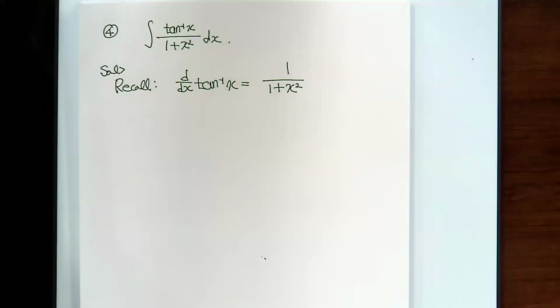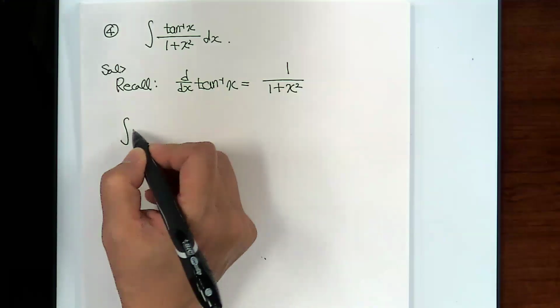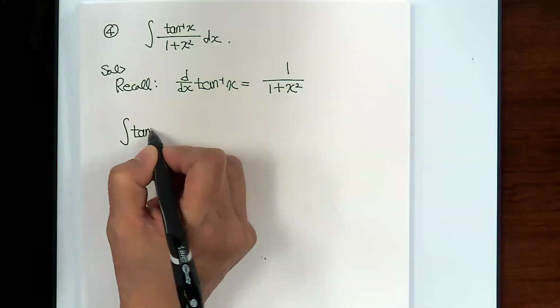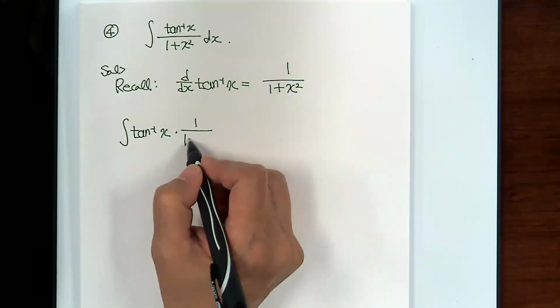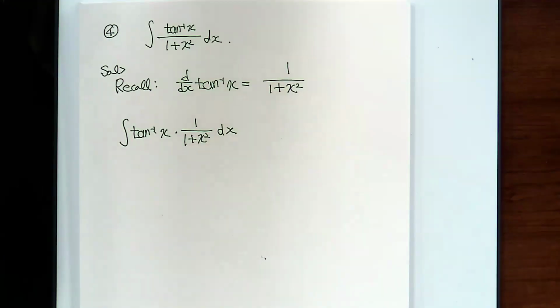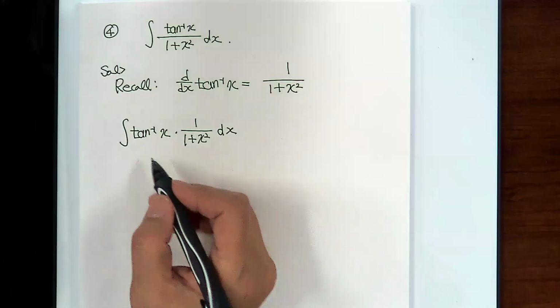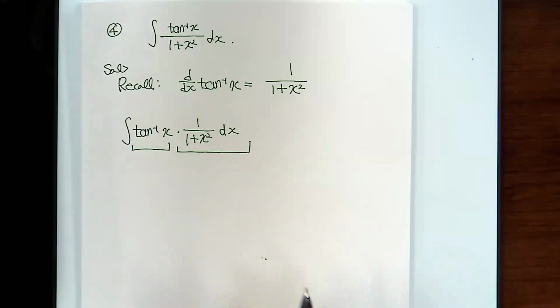So again, this is a multiplication of two functions. And we can rewrite that as the integral of tangent inverse of x times 1 over 1 plus x squared dx. So we realize that this part is the derivative of this part.